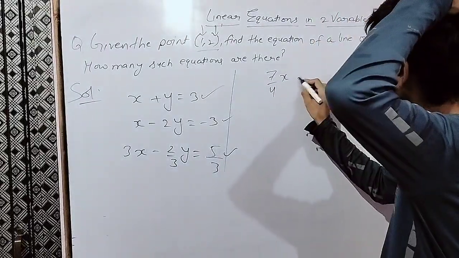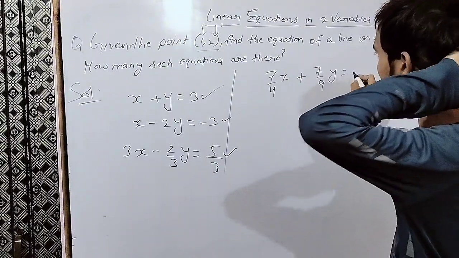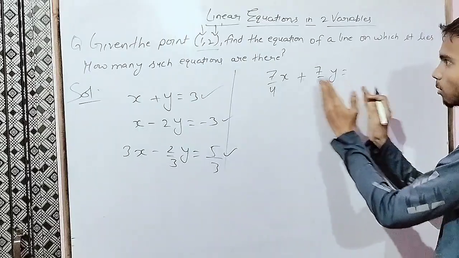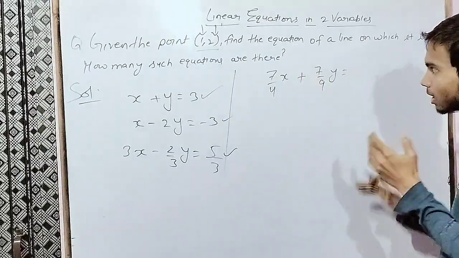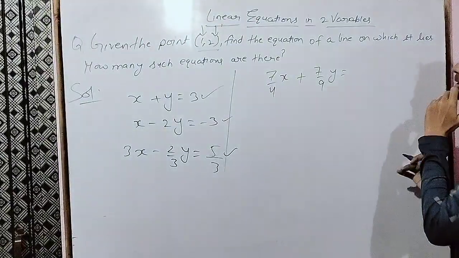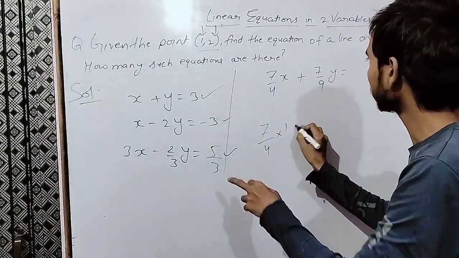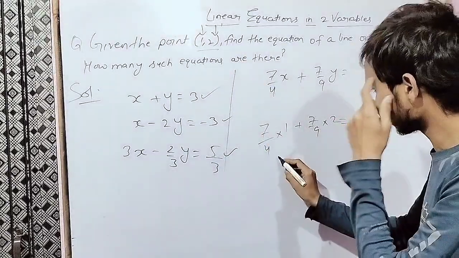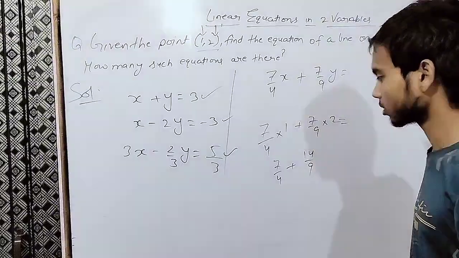Here we don't know, so after putting numbers in place of this, we will put here. So 7, x is 1, 7, and y is 2. So here 7 upon 4, 14, 9.